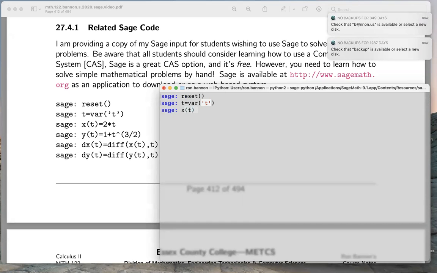It's 2 times t, right? That's done. And y is also being defined as a function of time. It's 1 plus t to the 3/2.